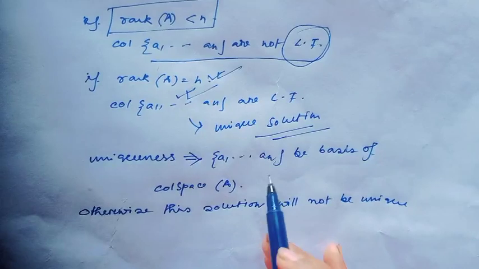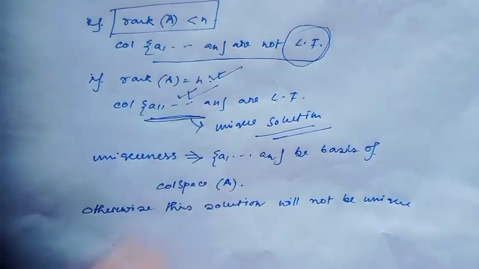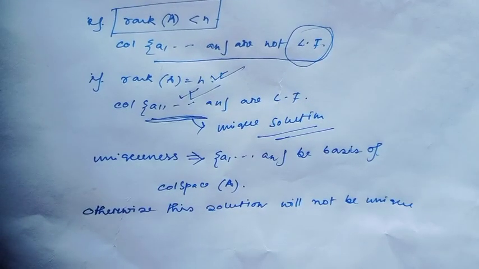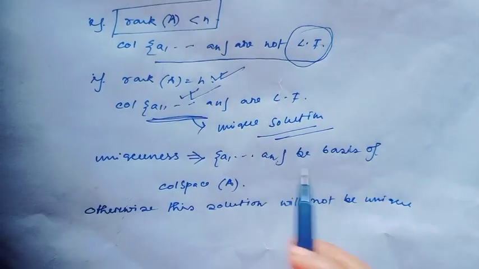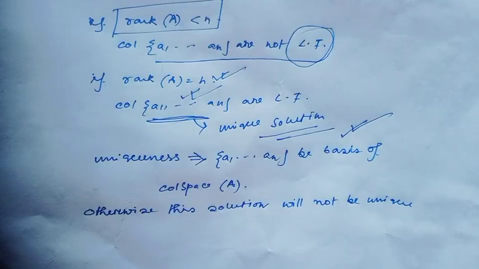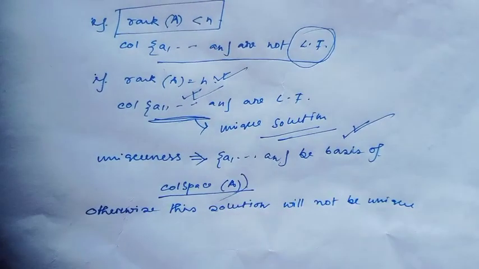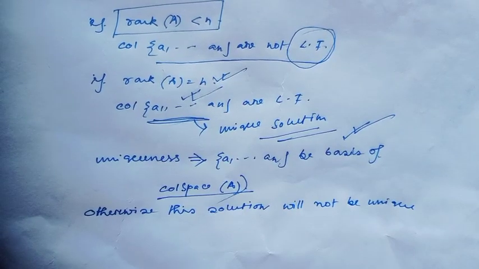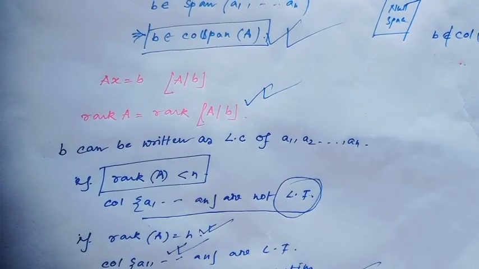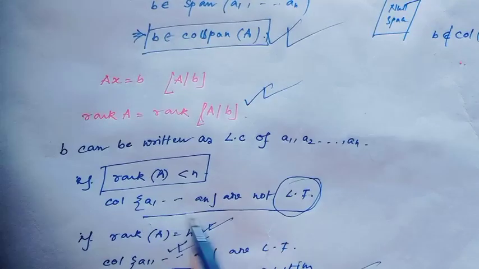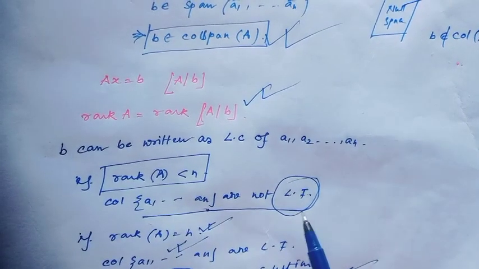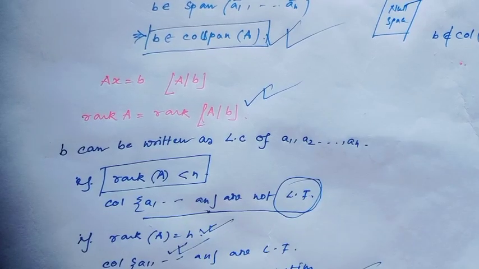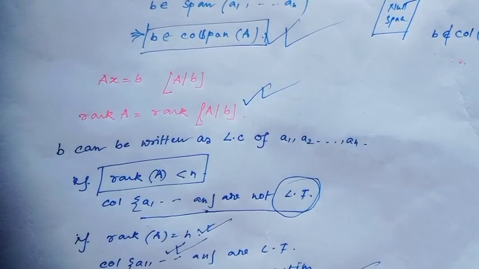That means, since these are linearly independent vectors of the column space, uniqueness implies these vectors are actually a basis of the column space of A. Otherwise, the solution will not be unique. When the solution is not unique, these vectors are not linearly independent vectors of the column space of the matrix. I hope all my viewers know this concept.